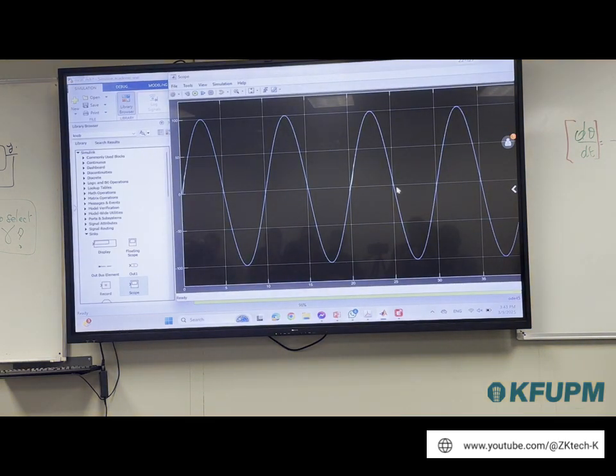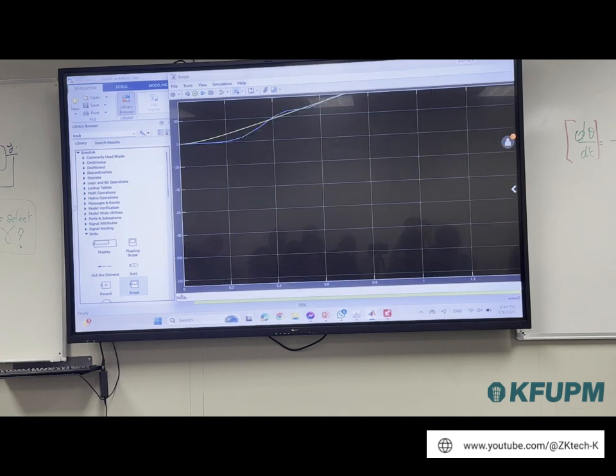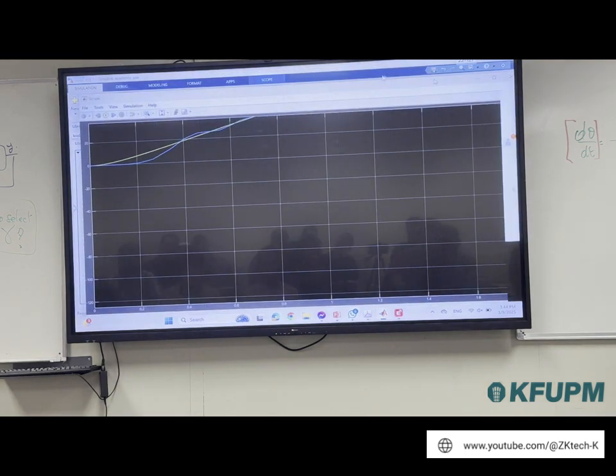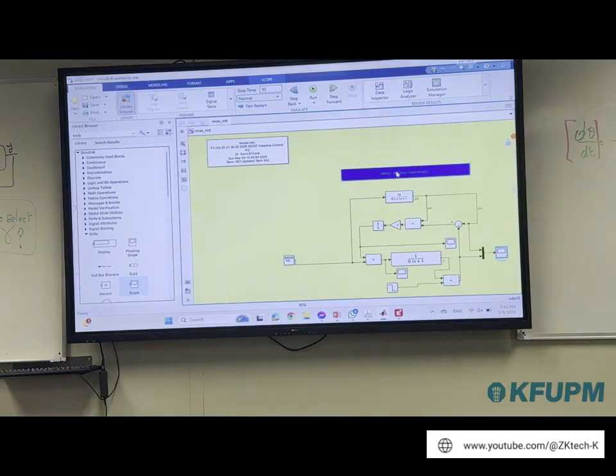Right, so this is how it looks. Almost immediately perfect. There is some kind of error here at the beginning, at the start, but after that, it's almost not there. See here? But there is some kind of oscillation here. It's okay, acceptable. Everybody is okay with this? Yes, sir. And I'm done.